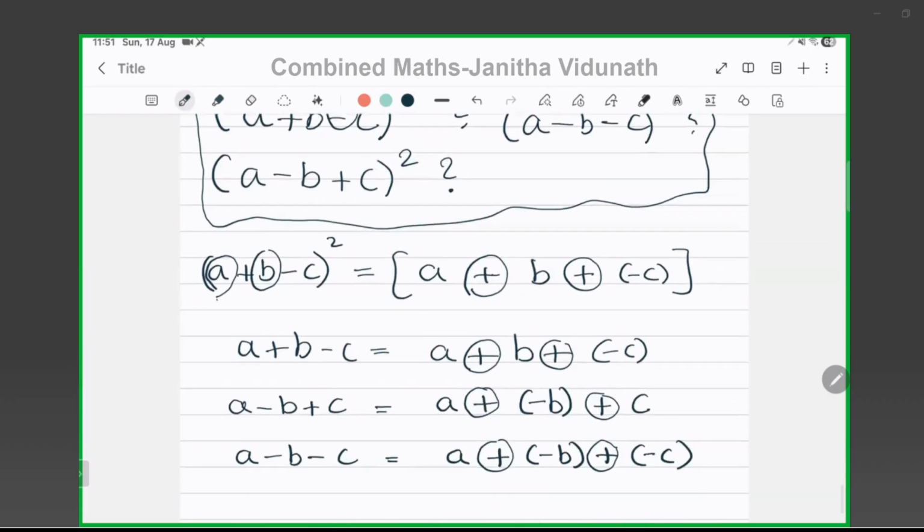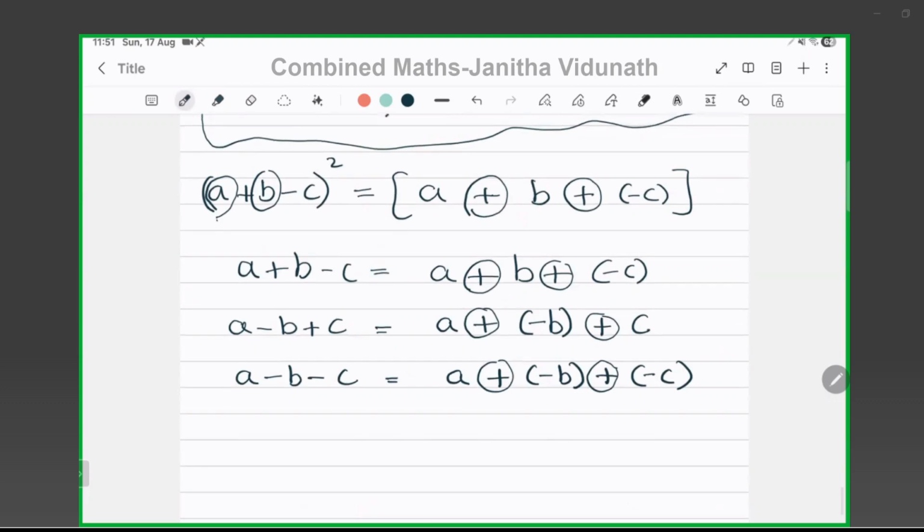So if they give this kind of term, we need to write those terms by separating each consecutive term with a positive sign. Okay, I will give 1 minute to write down these three examples and then I will do those expansions.